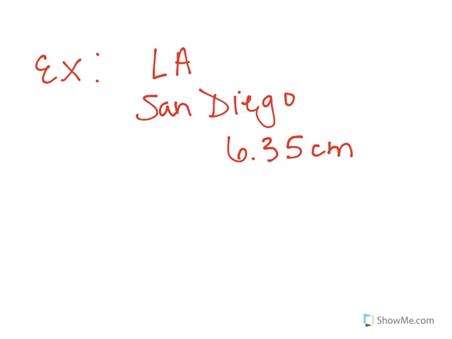So if we measure the distance between Los Angeles and San Diego on a map, it's really just 6 and 3,500ths centimeters away. Well, we know it takes a lot longer than driving 6 and 3,500ths of a centimeter to get from LA to San Diego. But on the scale of our map, it says that 1 centimeter equals 20 miles.